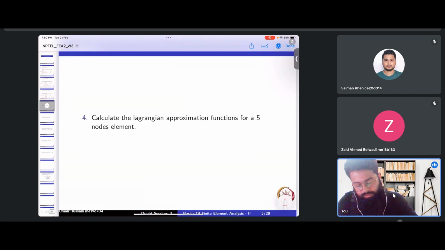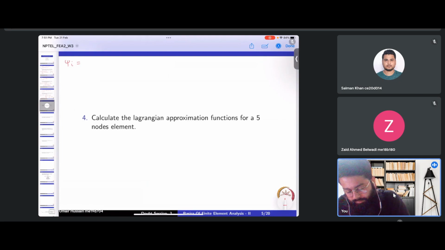Okay, we need to find the Lagrangian approximation function for a 5 nodal element. The formula for the Lagrangian approximation function was quite straightforward. We studied that it's easy to find the shape function for as many nodes as we want. So we can try that. We'll not calculate all, but we'll calculate some of the shape functions for a 5 noded element.